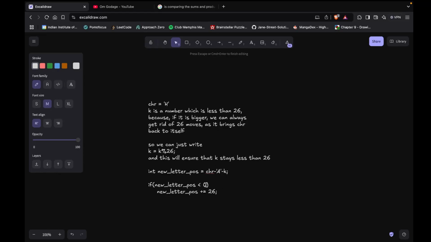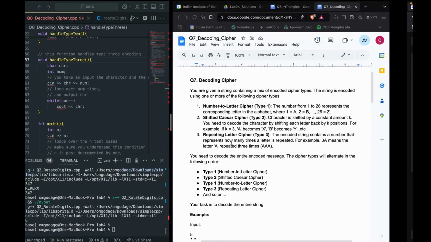Since this was negative and I did not want to deal with negative numbers, I can simply add 26 to make it positive. Once I've done this, I'll just do cout a plus new letter pos, and I'll have to convert this to a char or a character. And this is your whole code. This is the whole logic for type 2 cipher.